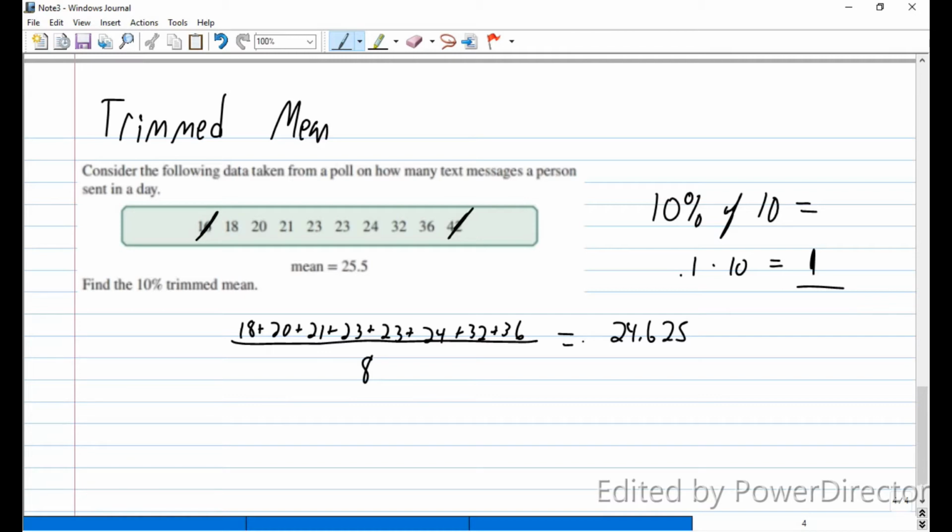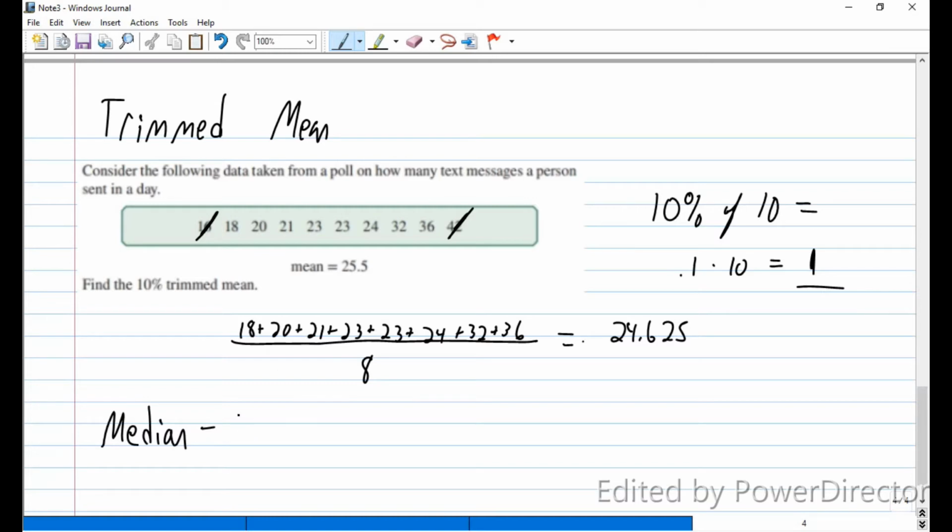All right. Next, the median. To find the median, you do have to arrange the data items in ascending order.